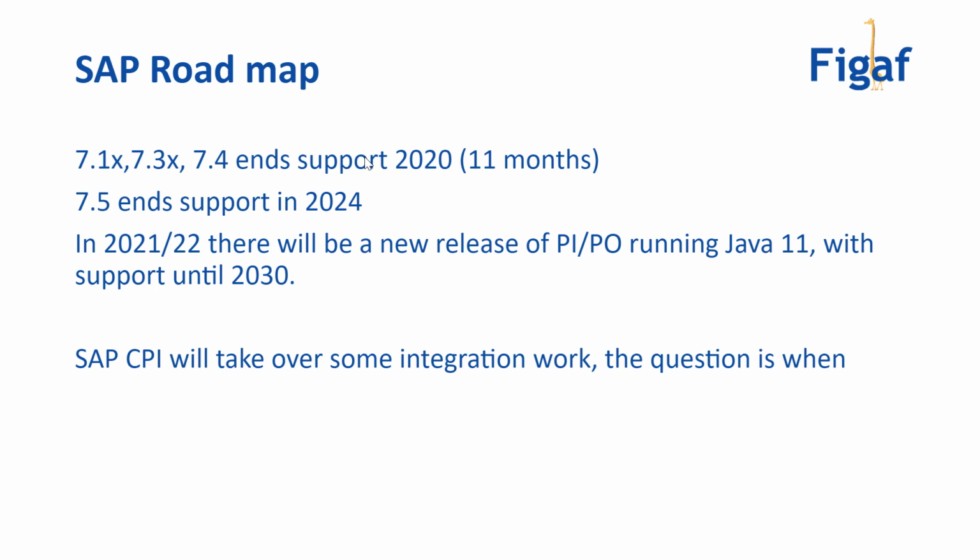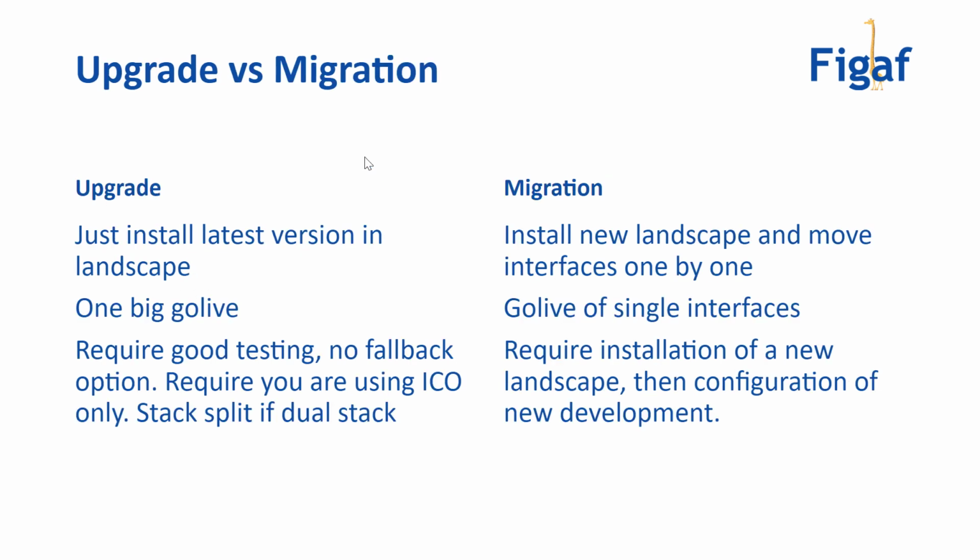Yes, dual stack, I guess, is also available on 7.5, so you can upgrade to it, but it will need a stack split, which I would assume you need anyway, so we can cover that in the other part here. So you can upgrade, depending on what kind of risk you are able to accept.